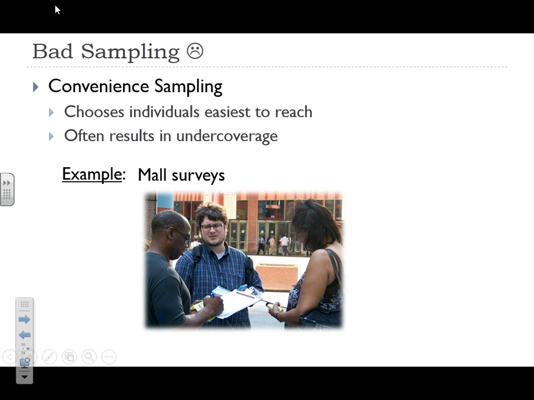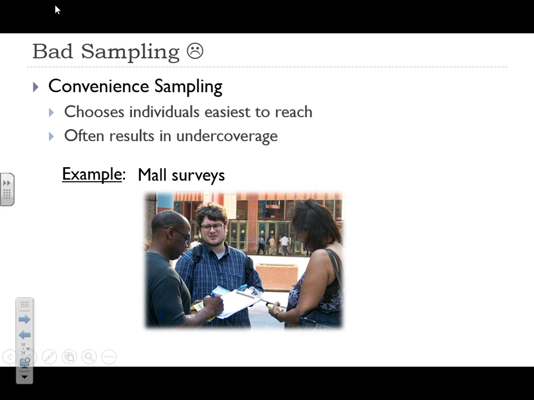So an example for this would be something like mall surveys. Or you might just stand at a certain busy intersection and ask people as they're driving by something. You're choosing a location and you're just asking people at that location. There was no randomization employed. There's no thought to what you're doing.